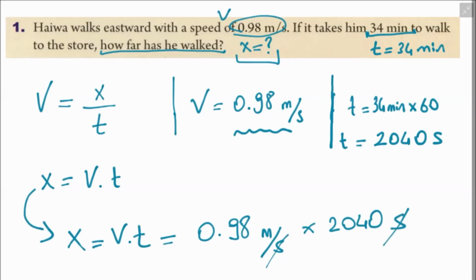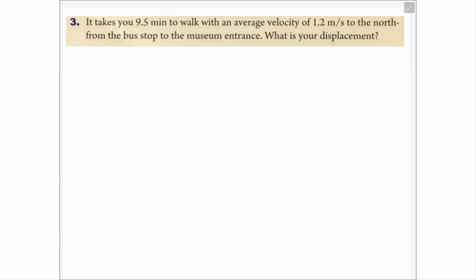The second goes, we have meter as a unit, and it must be meter. 0.98 times 2040 can be 1999.2.